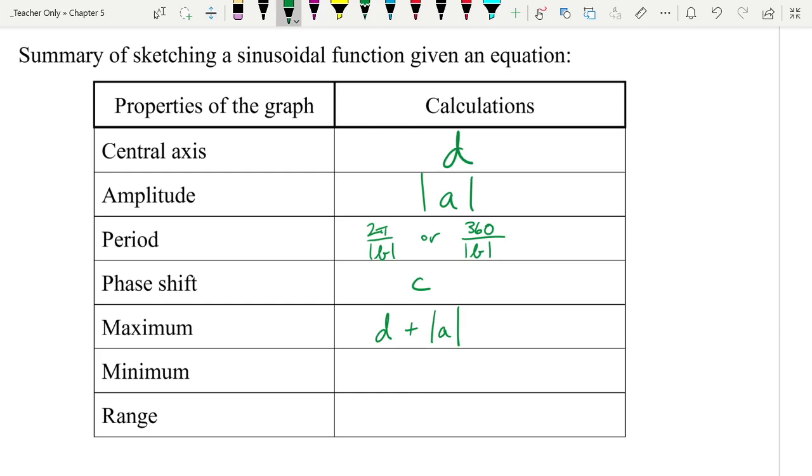And to get the nodal point, add the period number to the phase shift number and divide by 2. Your minimum is D minus A. And the range of this graph will always go from the minimum to the maximum.